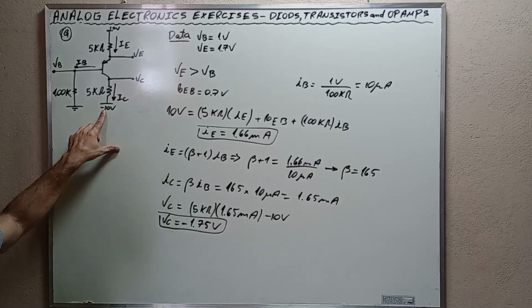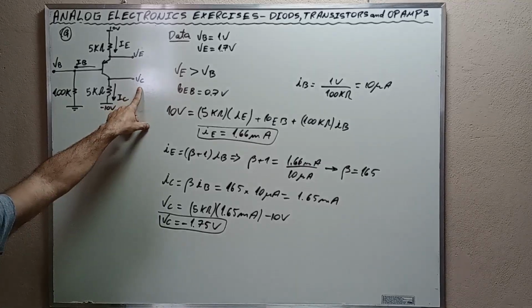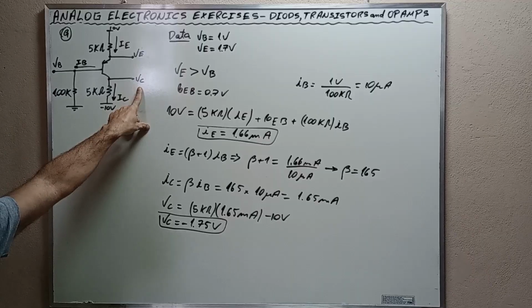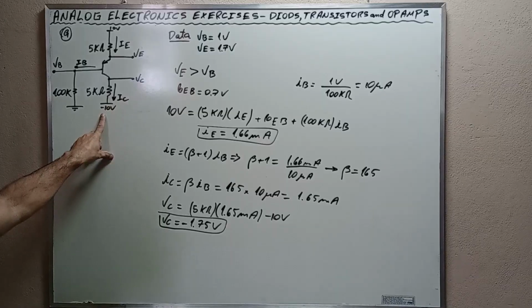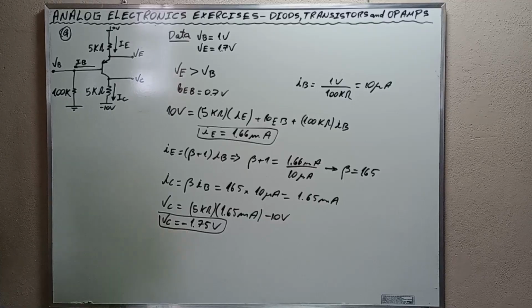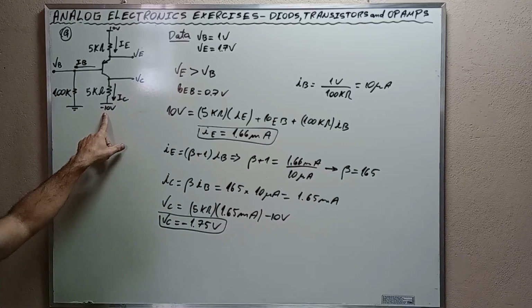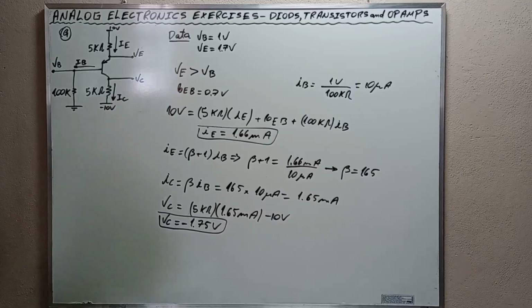Because of the influence of this negative source, we find that VC is negative, negative 1.75 volts. Had it been the ground, then the value of VC would be positive rather than negative. It's negative because of the influence of this negative voltage source.